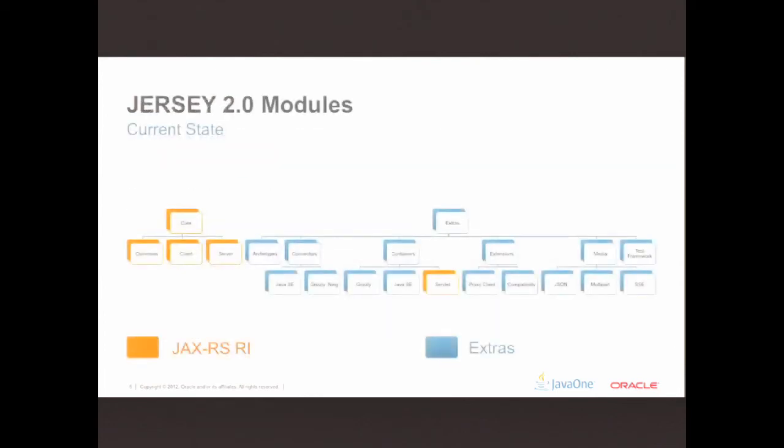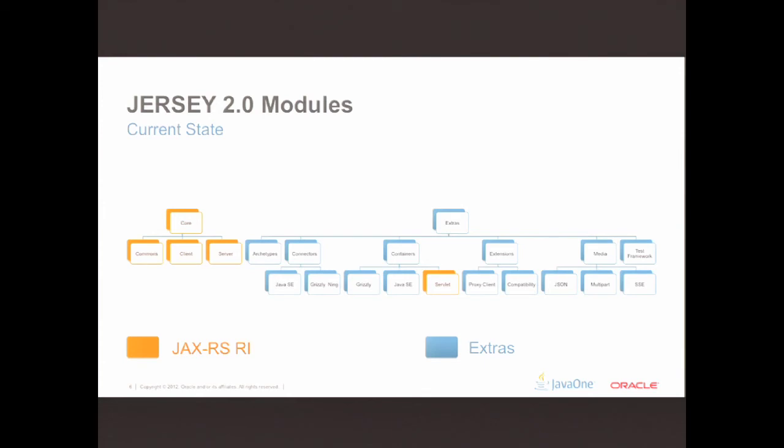Just to give you a feeling, when I'm saying that Jersey 2.0 provides not only the reference implementation, those boxes are the current state of the Jersey modules, all the Maven modules that we are providing with Jersey. Don't bother with names, just check that all those orange boxes are part of the JAX-RS API and everything else is extras.